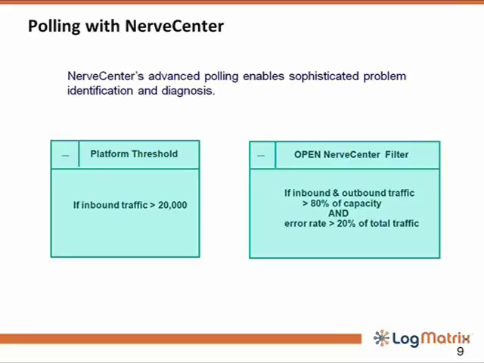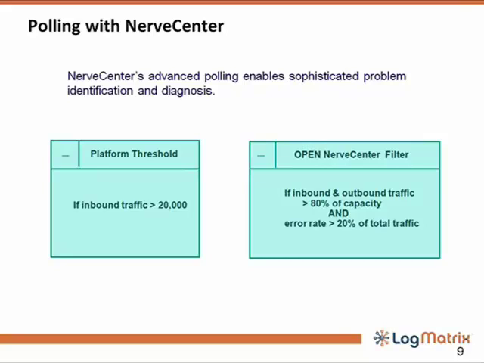NerveCenter can use those, but more importantly, NerveCenter can actually go out and get additional information and make a decision as to whether the threshold is valid, consistent, permanent, or whatever. Now, what we see here on this slide is that a platform threshold might tell us that we've got interface inbound traffic at greater than 20,000. 20,000 what? It's just greater than 20,000.